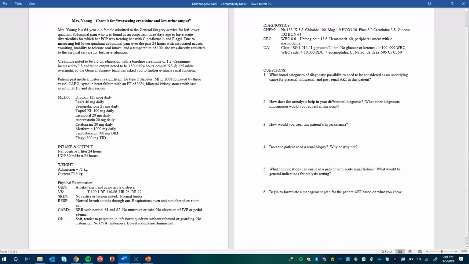Oftentimes, when I'm doing a perioperative medicine consult, you almost feel like it's common knowledge, but you have to put it: risk for renal insult, moderate, low, high, and the tagline, avoid intraoperative hypotension, avoid nephrotoxic agents. Because when we get a consult, first thing we do is look at the anesthesia record in our facility, as they actually now have their own tab, and we can point to when they became hypotensive.